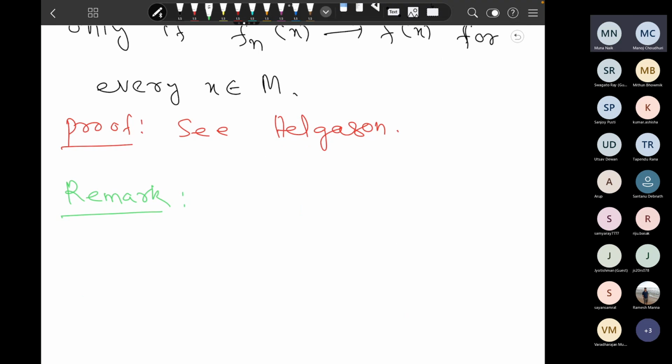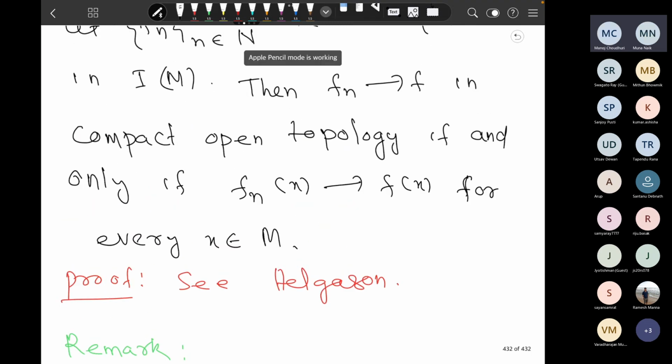So in that setting you give it the compact open topology, the so-called pointwise convergence topology, and the uniform convergence on compact sets topology. Then these three topologies coincide. Let me see the statement again. If F_n(x) converges to F(x) for every x.